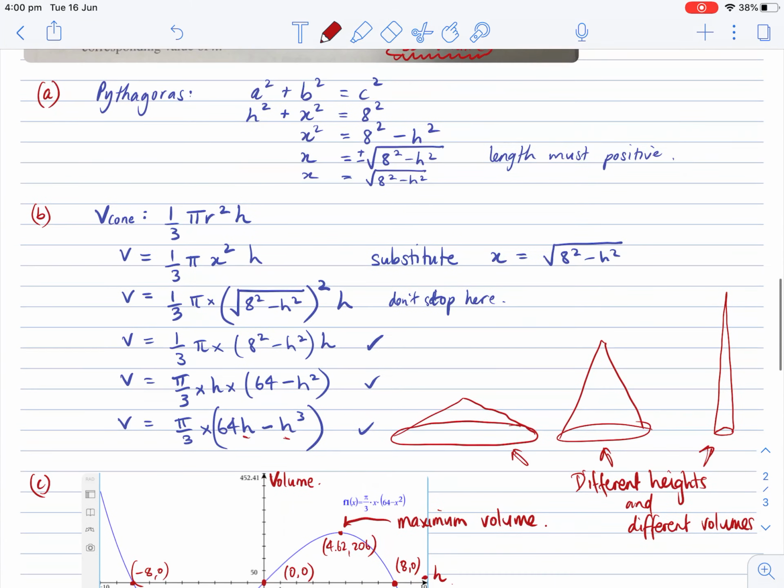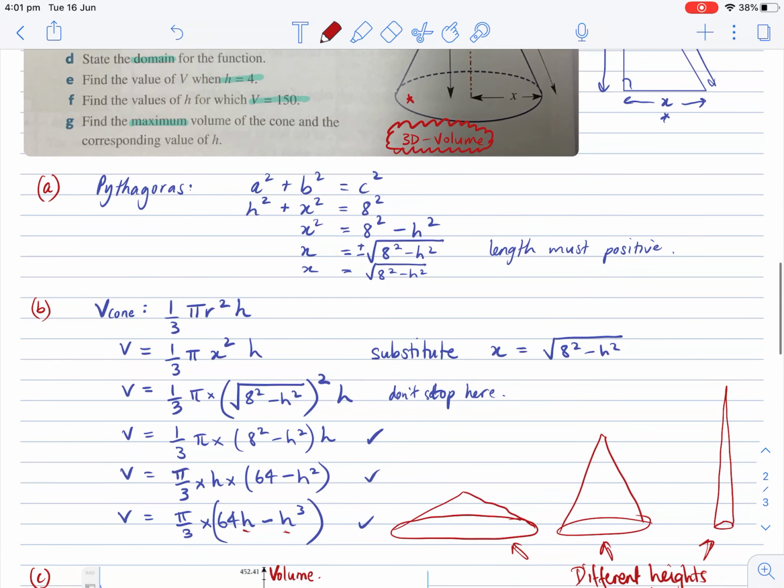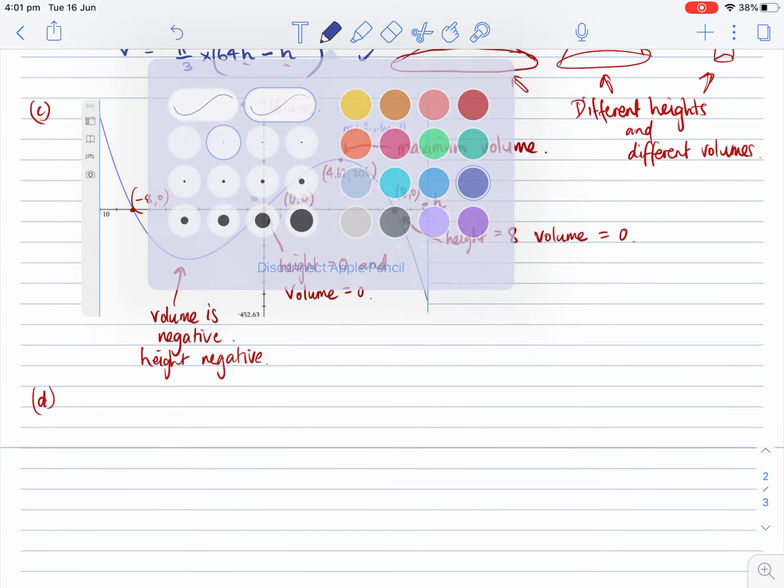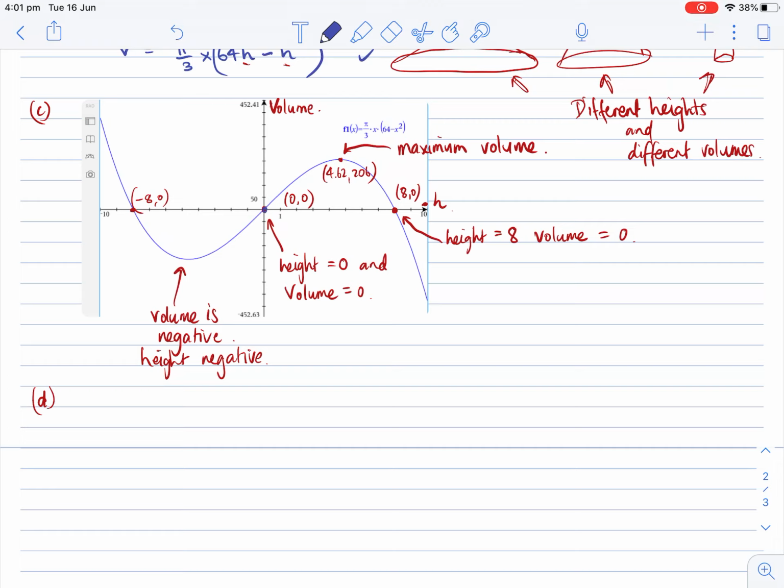Part D. State the domain for this function. So the domain has to link with what I was talking about for these points here. In my graph, I can't have a negative volume.